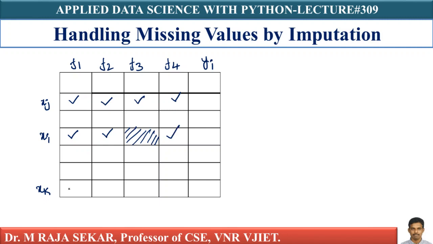For xk, similar to xi, feature 3 is not present. So for xi, I have values for feature 1, feature 2 and feature 4. But for feature 3, for some reason, the value is missing.